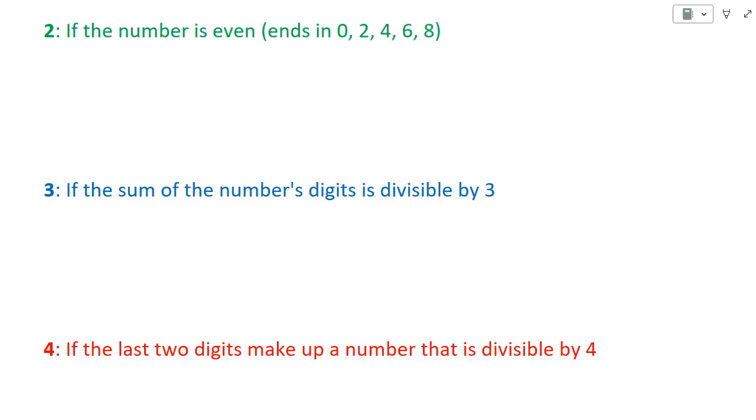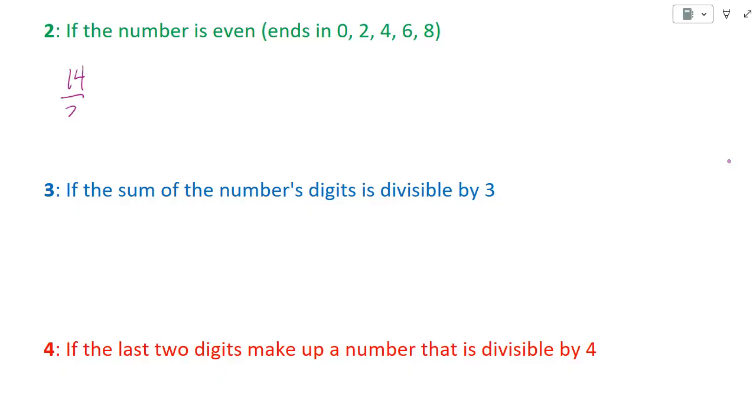If you think about it, you're counting by 2s: 2, 4, 6, 8, 10, 12, 14, and onward. They're all going to end in 0, 2, 4, 6, or 8. So that's an easy one. If it is even, it is divisible by 2.